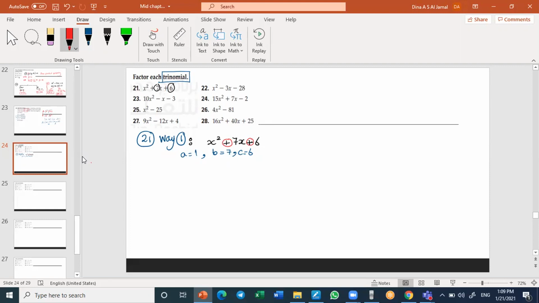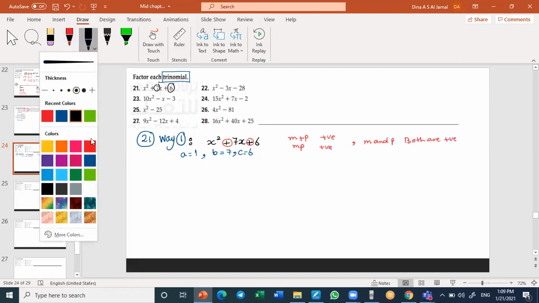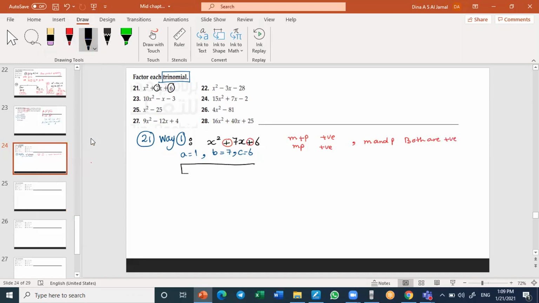So let me use the method of the book. If I add these two numbers to each other, they must be positive. And if I multiply them by each other, they must be positive because I'm having both of them here positive. That means m and p both are positive values. So this is the method of the book, and you will be constructing a table.